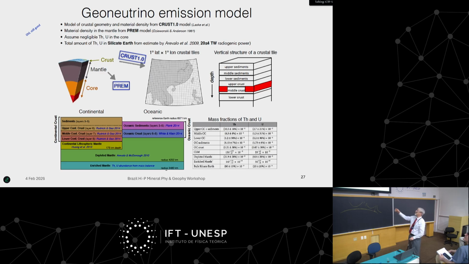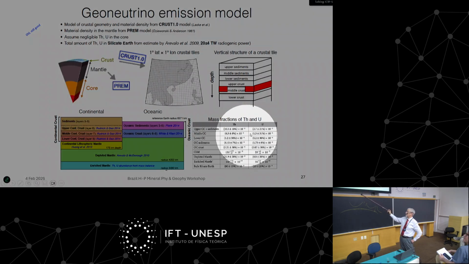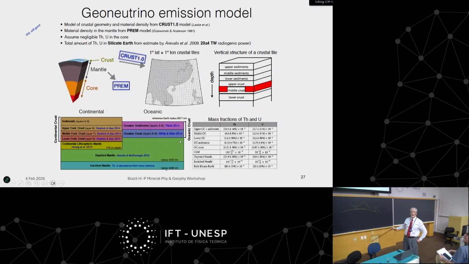And so this is showing you the details. I just wanted to show you, we're trying to put in all the numbers, all the uncertainties. You don't need to read any of the numbers, but you can get a flavor of what's going on. We put a bunch of layers, we define them for the continental crust, the oceanic setting, the depleted mantle, and the gridding of the Earth at the 1 by 1 degree scale, and then we have tiles, because they're voxels.